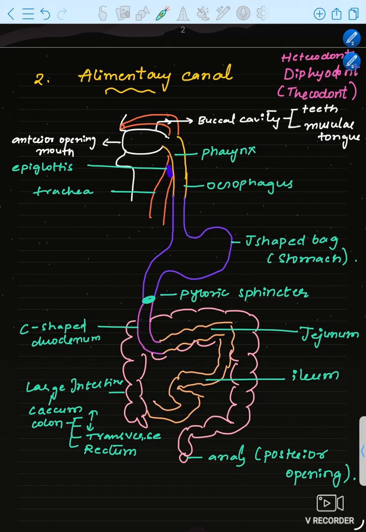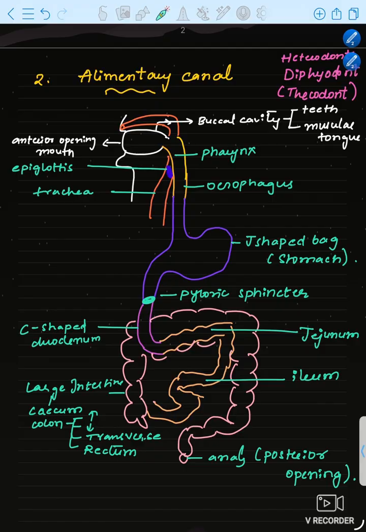So next are the parts: anterior opening mouth, then buccal cavity, then pharynx, then esophagus, which is a thin and long tube. Next is the J-shaped stomach. Let me tell you briefly about the stomach also, so that later on in the next slides you will find it easy.